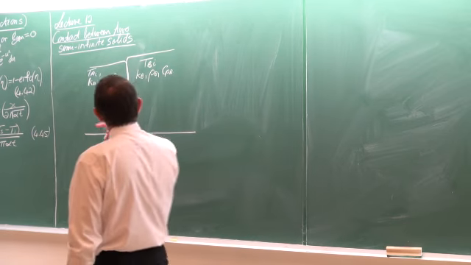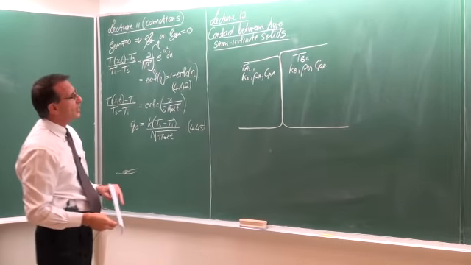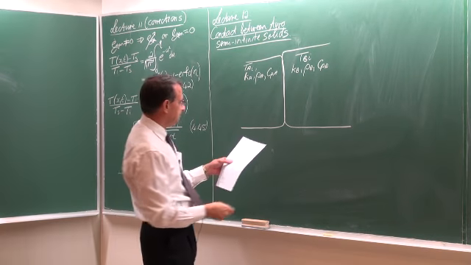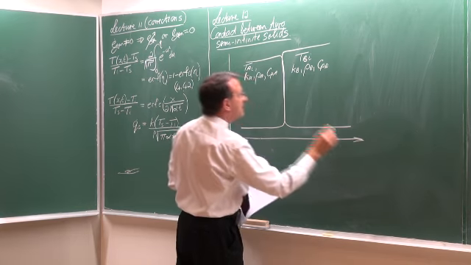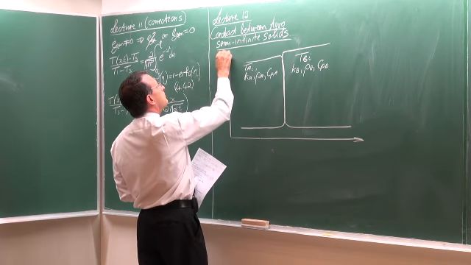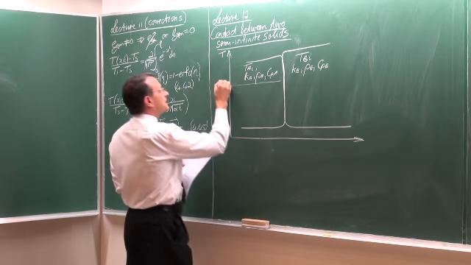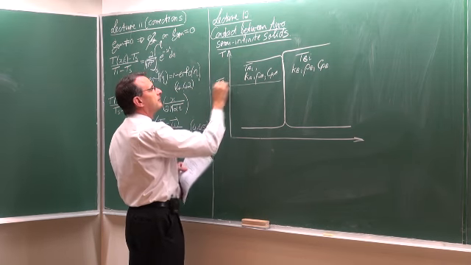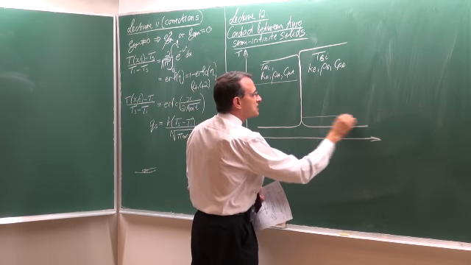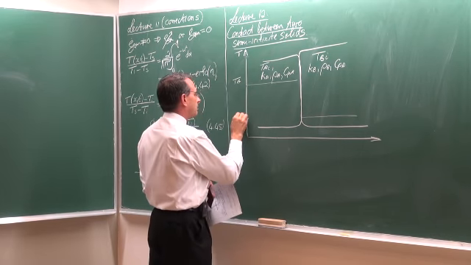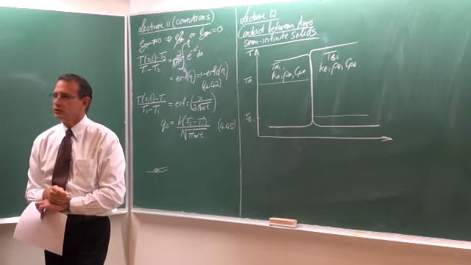We can do the explanation by starting to say, well, let's consider these two bodies. And if we plot the temperatures of these two bodies, then this body is at the temperature TA, and this body is at the temperature TB. Obviously, we can also switch it around if we want to.